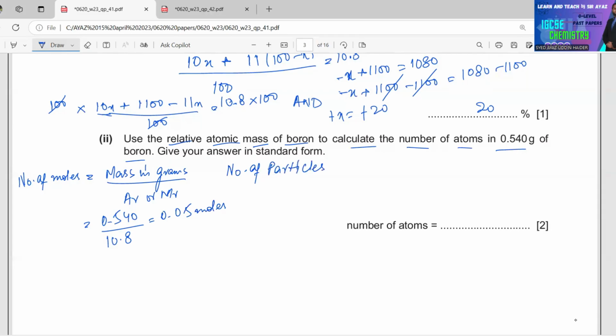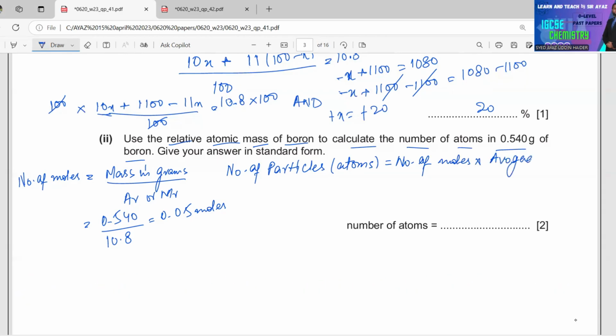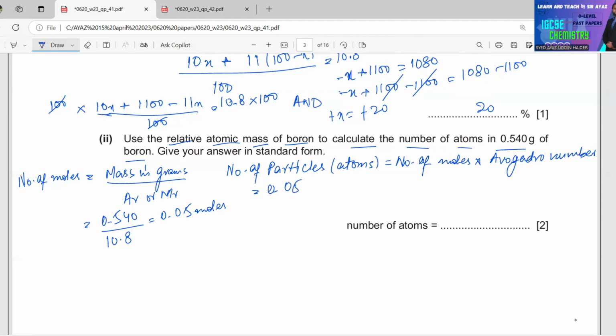In this case, it is atoms, is equal to number of moles multiplied by Avogadro number. The number of moles, that's 0.05, multiplied by Avogadro number is 6.02 into 10 raised to power 23.